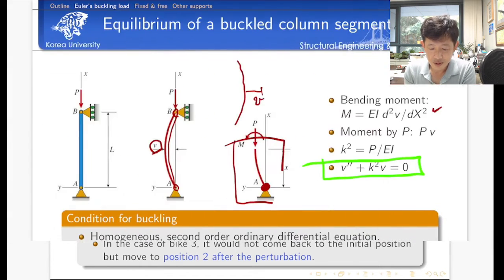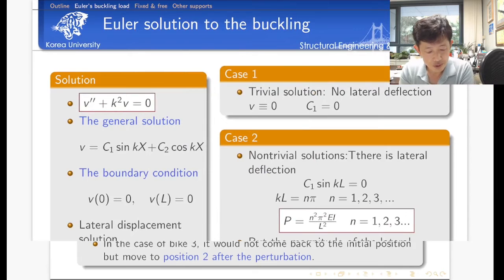So this is nothing but a second order ordinary differential equation. The general solution to the second order ordinary differential equation is well known; we already studied it in engineering mathematics class. The general solution is a combination of sine and cosine with factor k, and here C1 and C2 are integration coefficients.